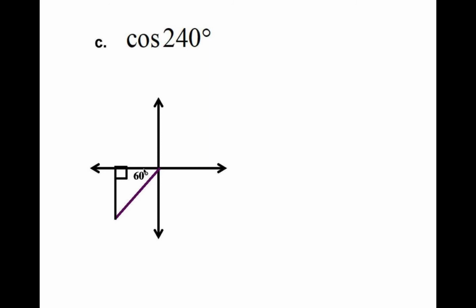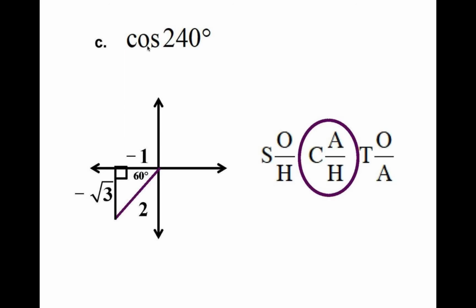So now we have to remember our 60-degree reference angle. Opposite the 60 is root 3. Opposite the hidden 30 is 1 with a hypotenuse of 2. Left is negative, down is negative, where the hypotenuse is always positive. Now we're going to find the cosine ratio, which is adjacent, -1, over the hypotenuse, 2.